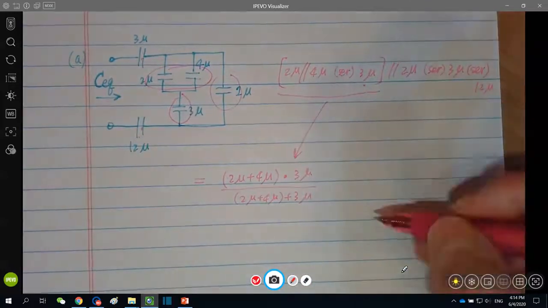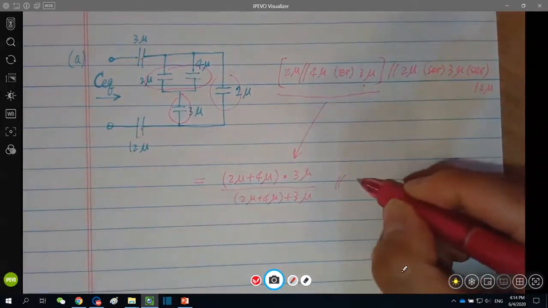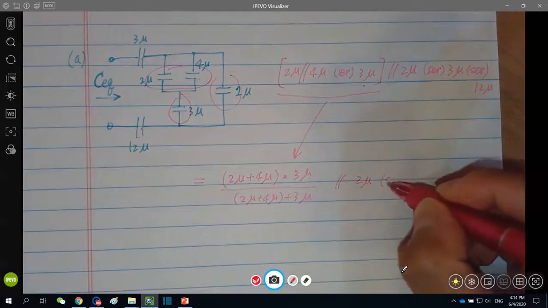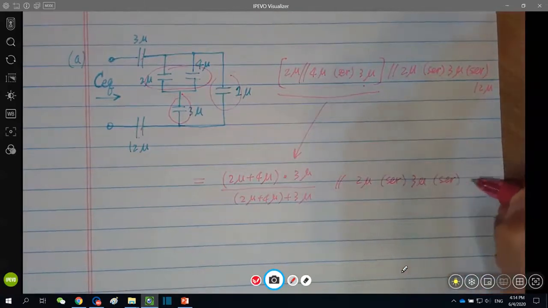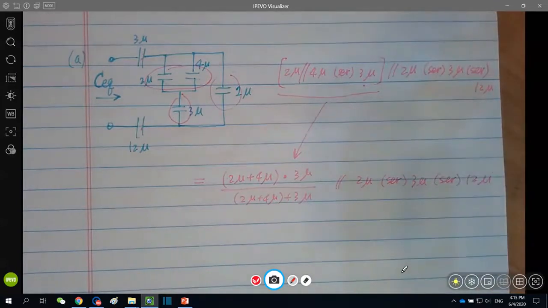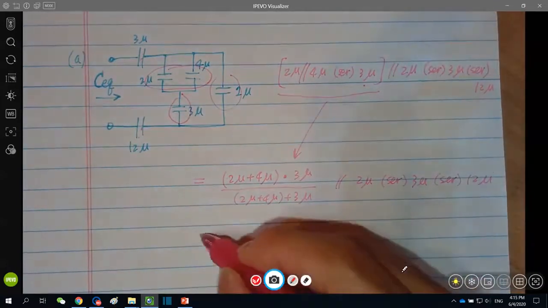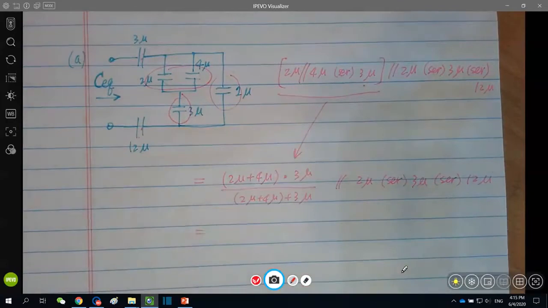And this thing is parallel with 2 micro, then series with 3 micro, and then series with the last 12 micro. This equals what? 6 in series with 3 equals 2 micro.